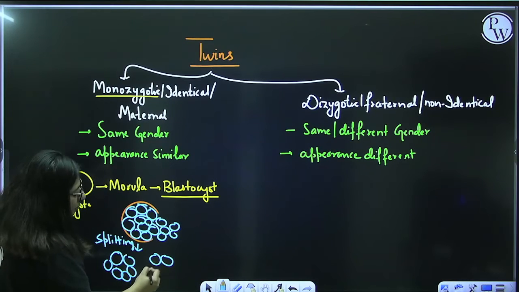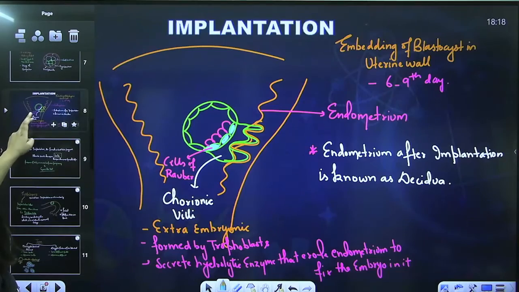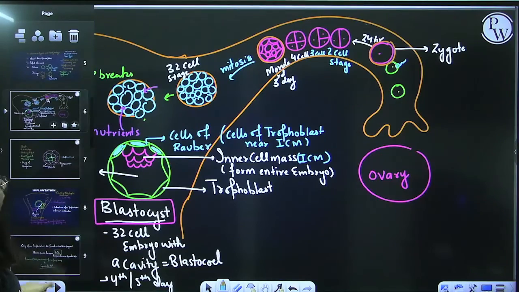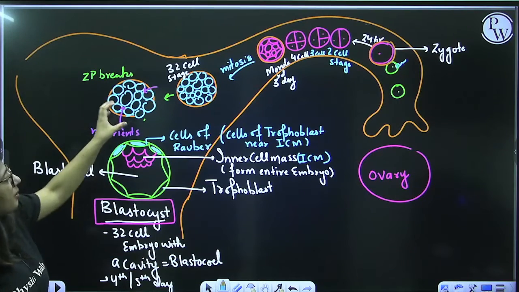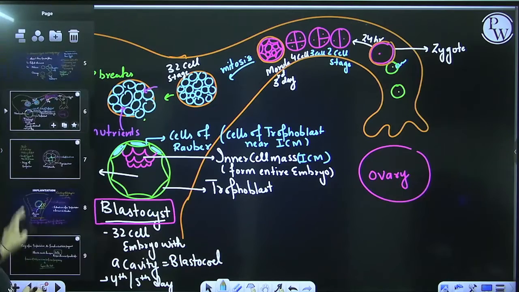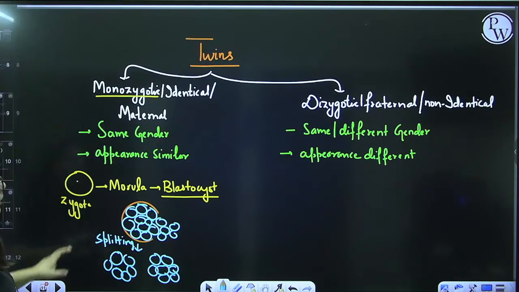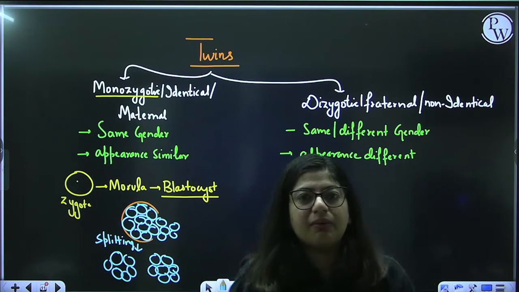When it is escaping from zona pellucida, let me show you in that diagram. Here. When it is escaping from zona pellucida, there can be a chance this embryo gets broken down into two. It has been formed from the same zygote, so it contains the same copy of chromosomes, the same DNA material.